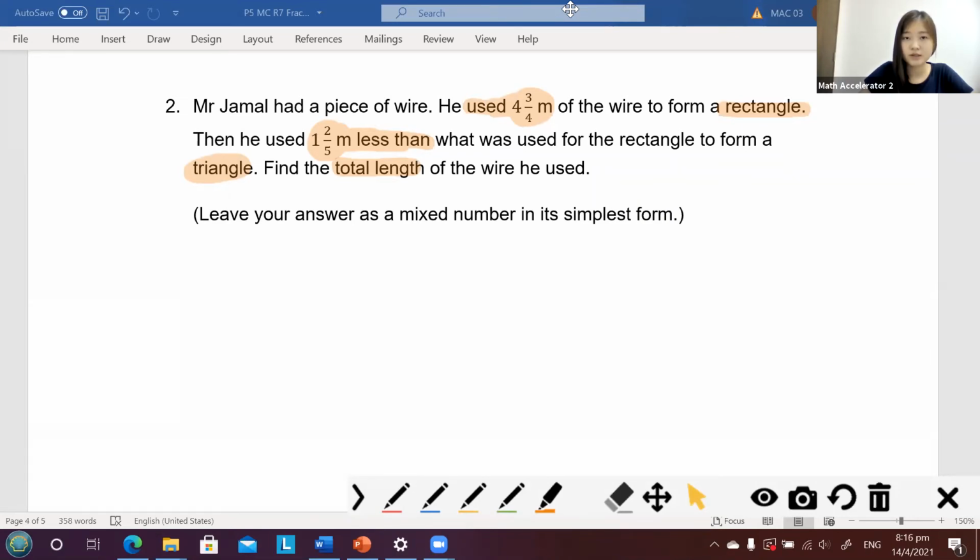Okay, then you can select your answer in the poll here. Okay, it might seem like a very easy question, but just be careful because you can be careless even if the question is very simple.